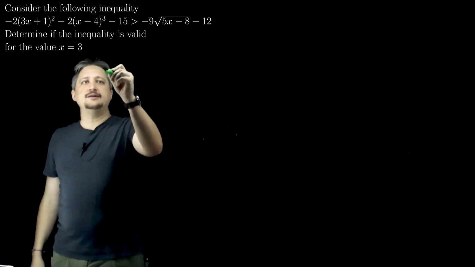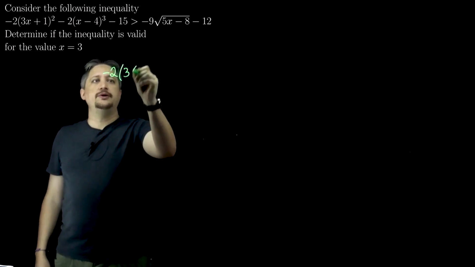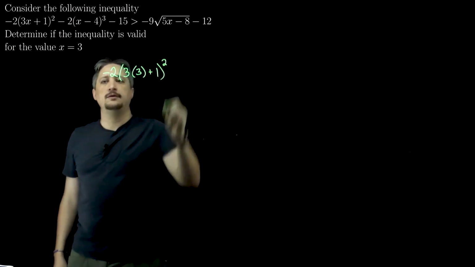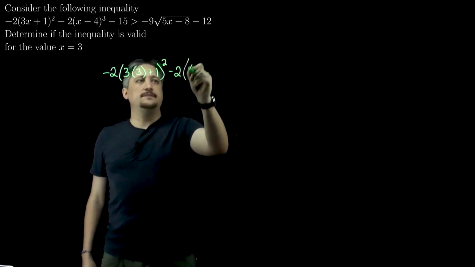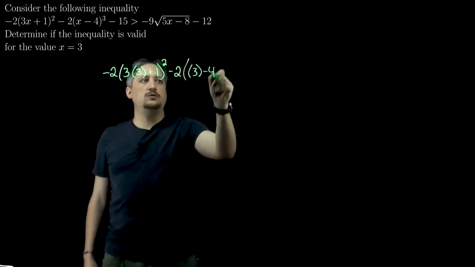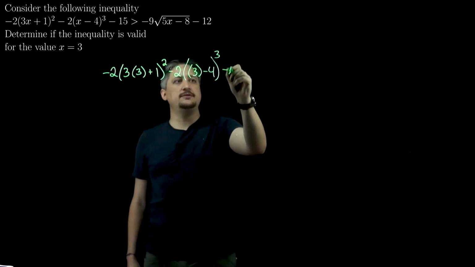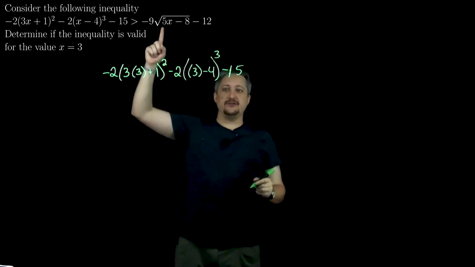So on the left side I have -2 times (3 times 3 plus 1) all squared, minus (2 times 3 minus 4) all cubed, minus 15. Now I want to know if that's greater than this other side.